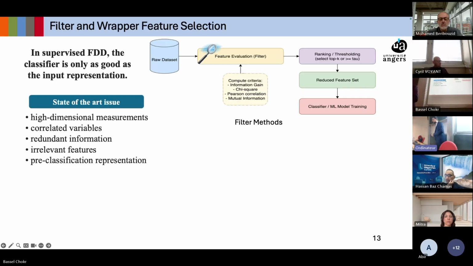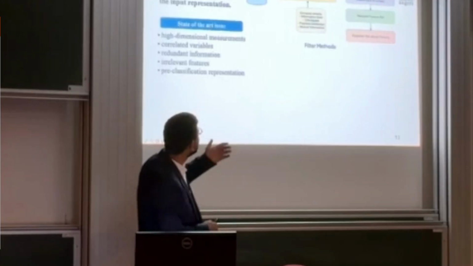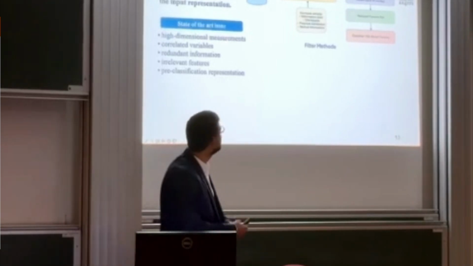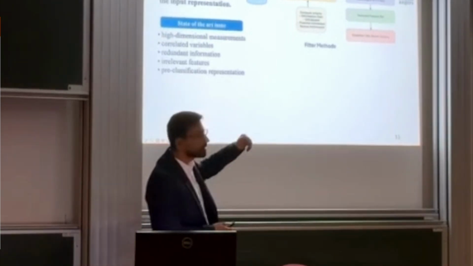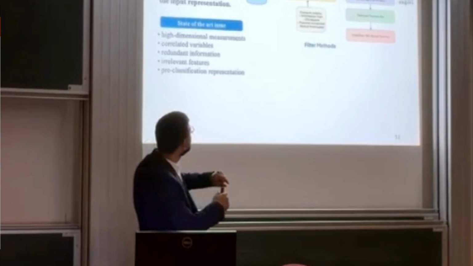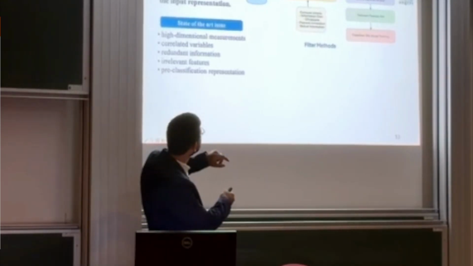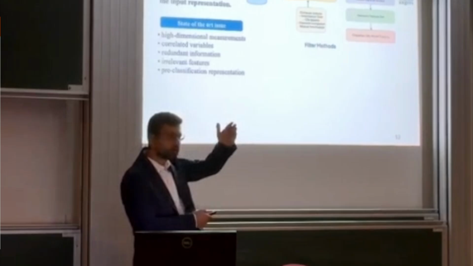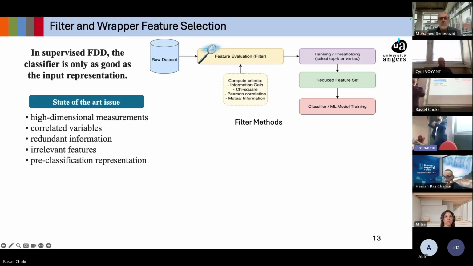For example, with filter methods, we have a scoring algorithm for the variables connected to the classes, such as information gain, Pearson correlation, and chi-square. Based on the ranking of the variables using these algorithms, we select a subset and use it for training and testing for classification.